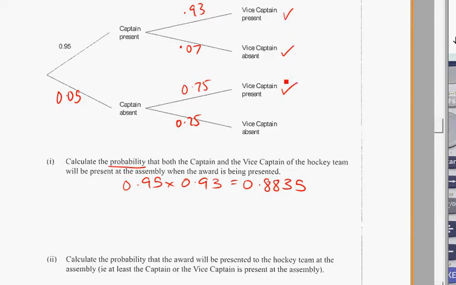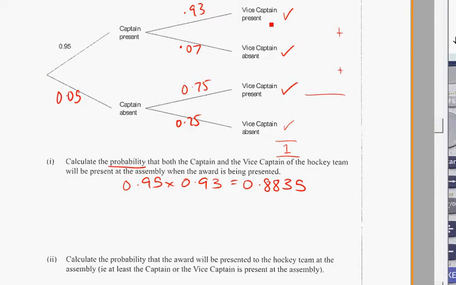So in that situation where there's more than one branch, we can multiply down each of the 3 branches and add the answers together. Some of you might realise that you could also multiply down this last branch and subtract the answer from 1, because these 4 outcomes, if that's all that can happen, must add up to a total of 1. So 1 minus this bottom branch would work as well.